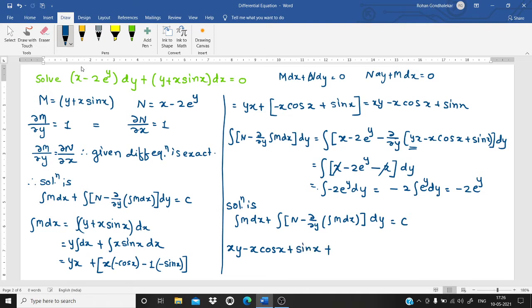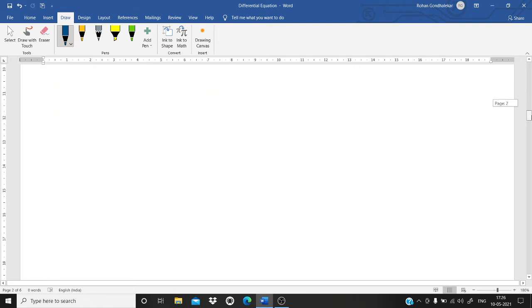Plus integration, the second term is what? Integral of N minus del by del y of integral M dx. So what is its value? Minus 2 e raised to y. Okay, so I write the same as minus 2 e raised to y is equal to c. Okay, so this is our expected solution. Fine. So now let's move to the next example.